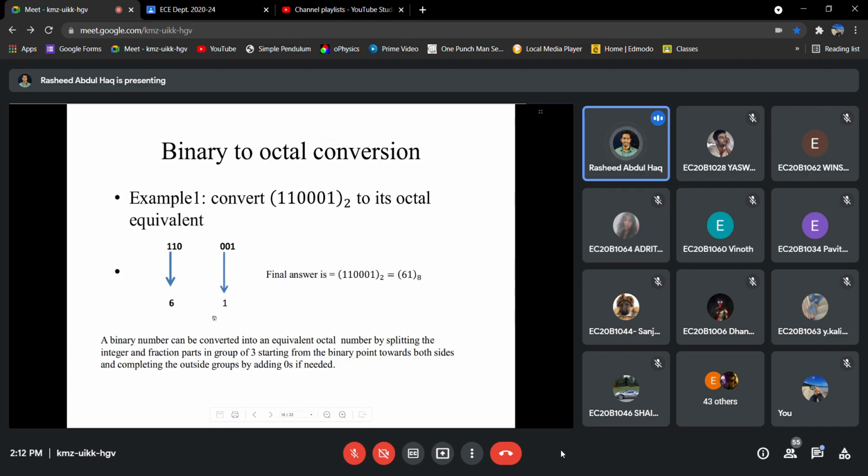Now, how to convert from binary to octal? What we do is that we will split this into 3, because 8 is 2 raised to 3. Every octal digit can be represented in 3 binary digits; if you represent 7, it will be 1, 1, 1.